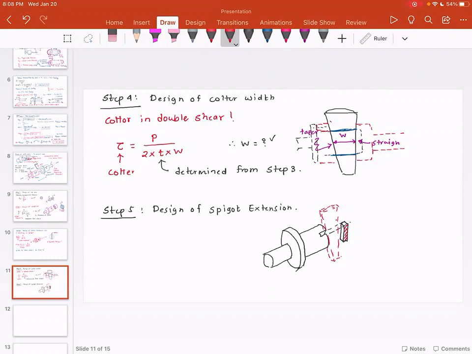So this is actually the shear failure on the side. So this is the shear failure. We already know this dimension. This is nothing but D1. And I'm going to call this distance L1.